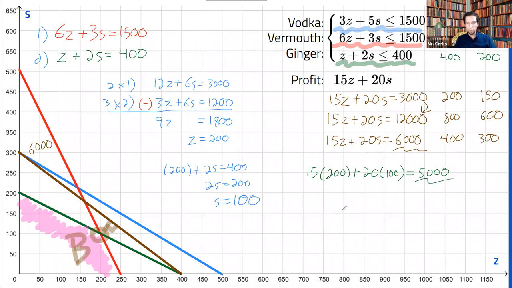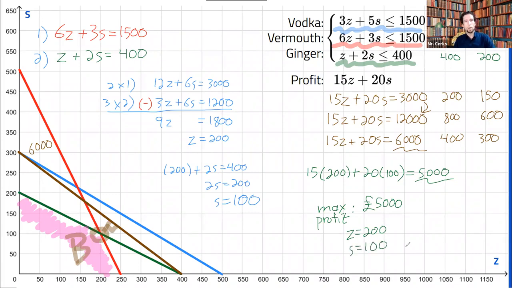Okay, so 5,000, this was pounds. So 5,000 pounds is our maximum profit. And that max profit occurs at exactly 200 units of Z. So let's write it this way, where Z is equal to 200 and S is equal to 100.